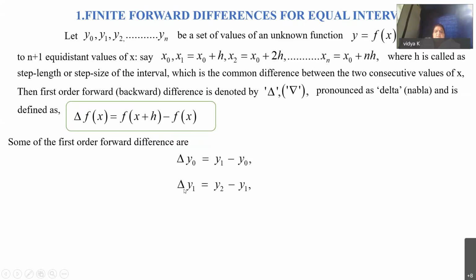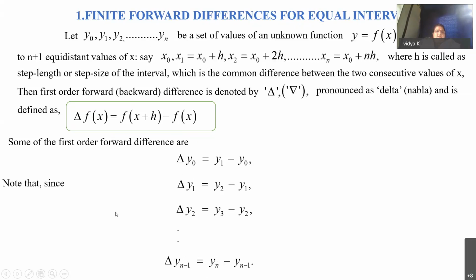Next, similarly, what is delta y1? Go forward from y1, you reach y2, then take the difference with the value you are operating on, which is y1. You can go up to delta y(n minus 1) only, not up to delta yn, because delta y(n minus 1) means go forward from y(n minus 1), you reach yn, minus the function itself.